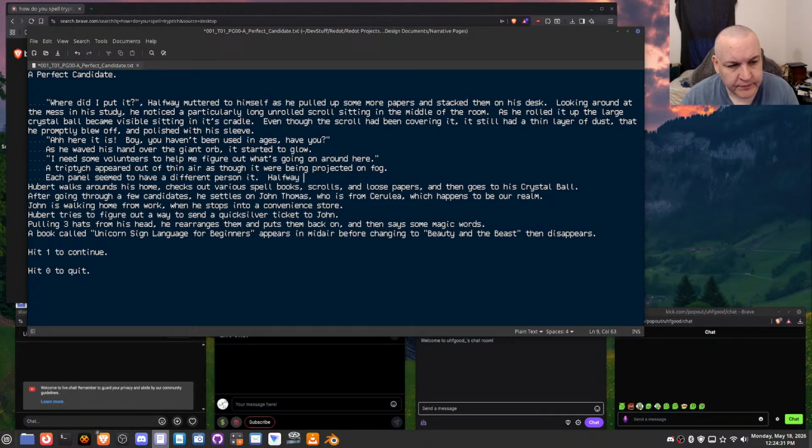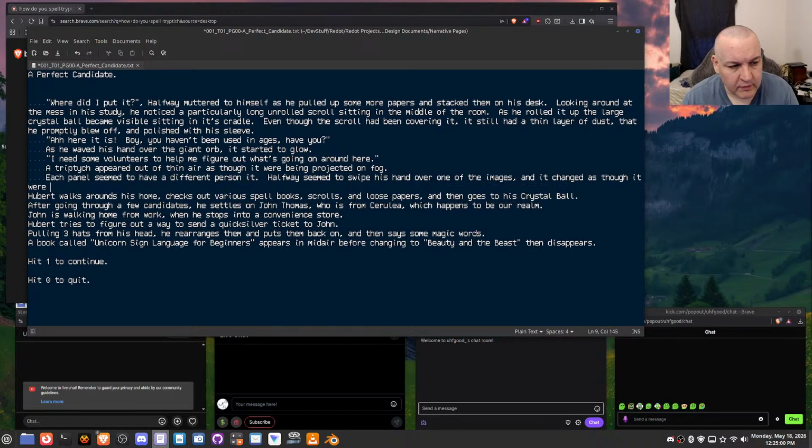Halfway, he seemed to swipe his hand over one of the images, and it changed as though it were an image on a slot machine.